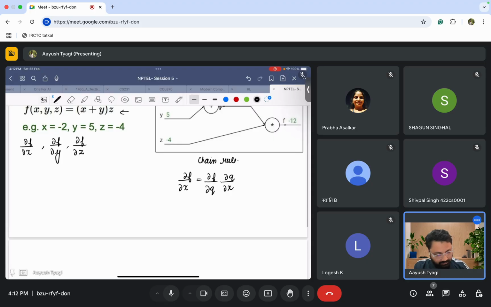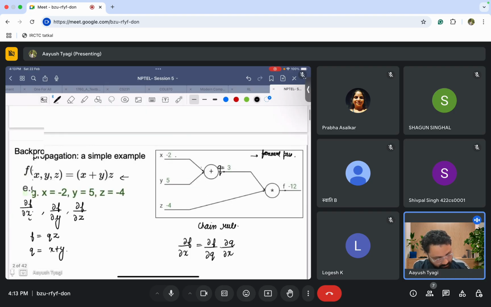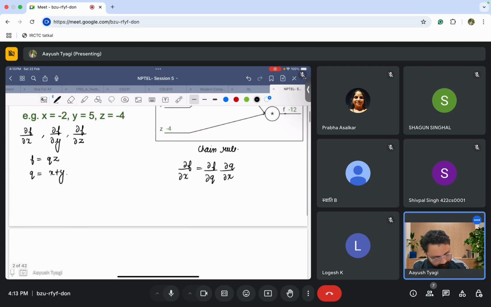So how do you write f? f is basically q times z, and q is basically x plus y. So the derivative of q with respect to x is basically, any guesses?